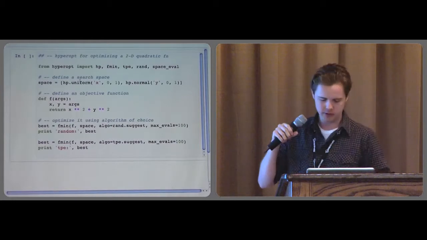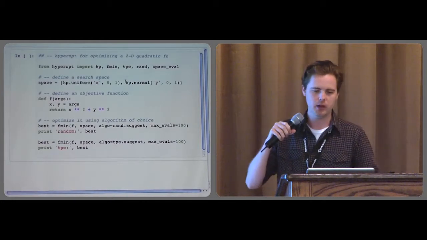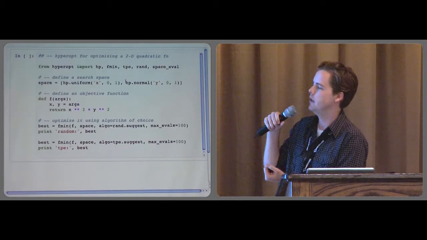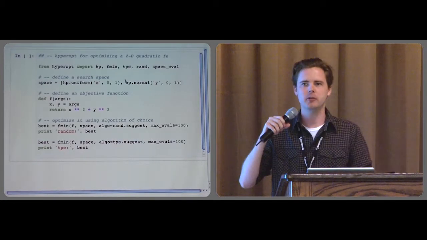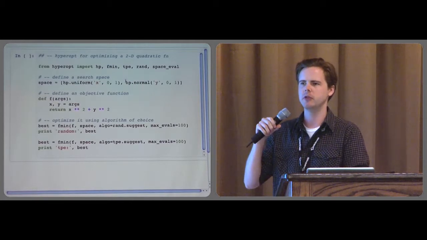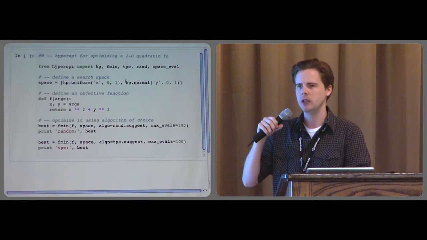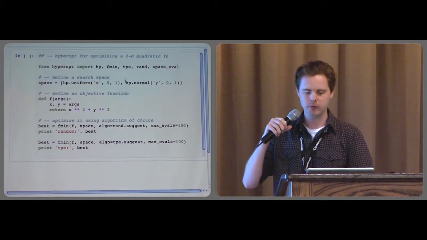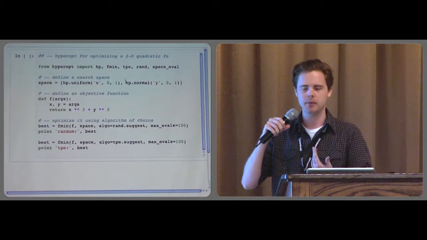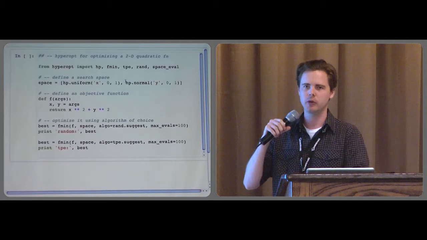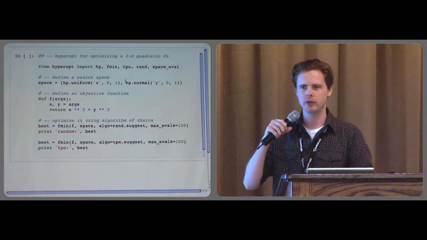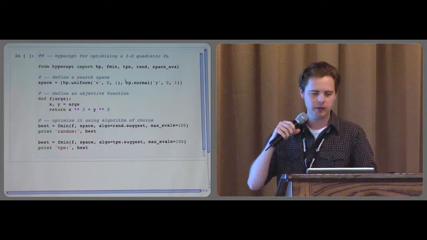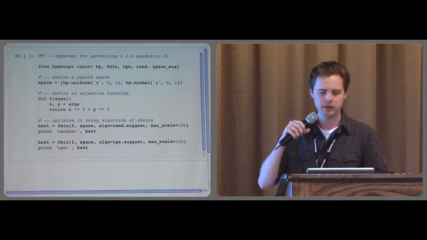Here, this search space has 2 dimensions, which we've named x and y. It means the search space is all the possible points that you could get by sampling 2 normal distributions. That's all of a 2-dimensional vector space, but there are more elaborate search spaces that Hyperopt can take advantage of. Being able to encode your domain expertise in terms of where to look is a big part of what makes hyperparameter search efficient.